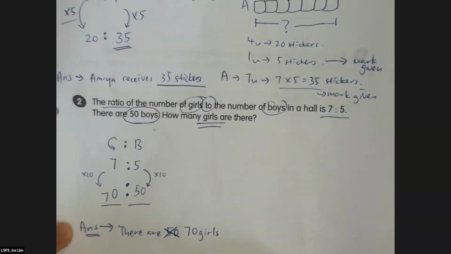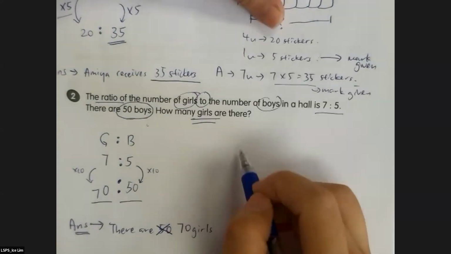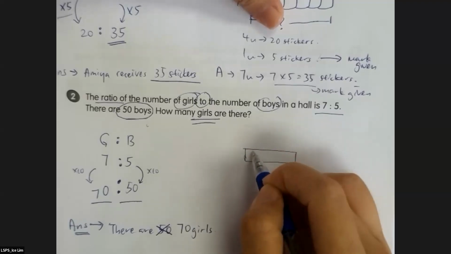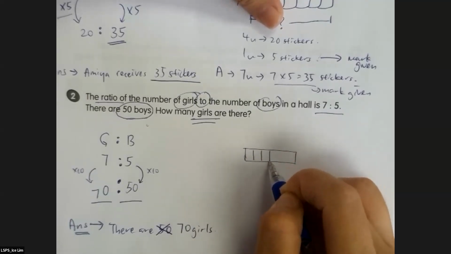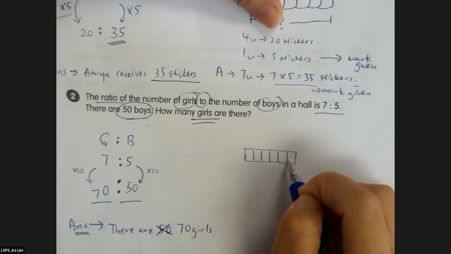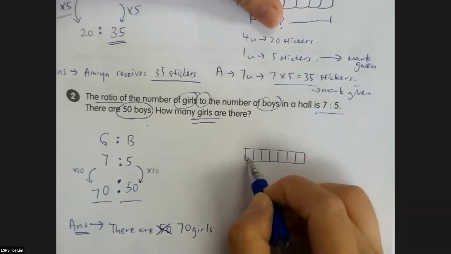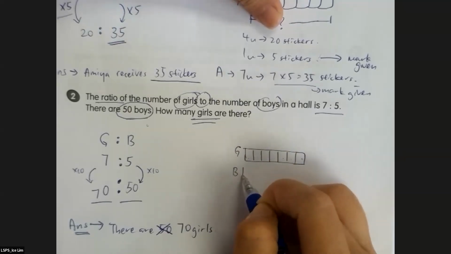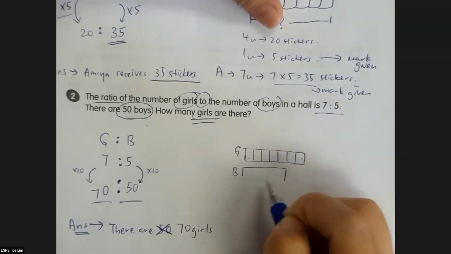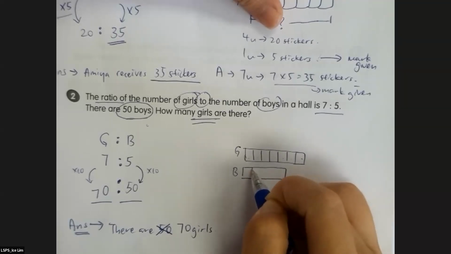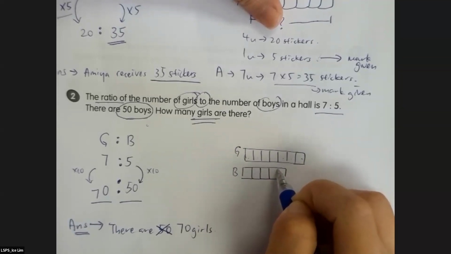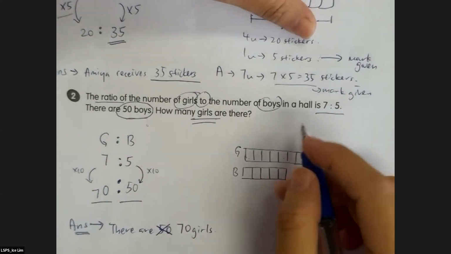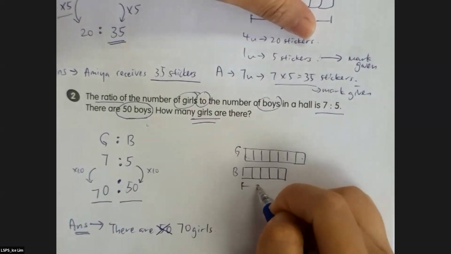So if I use a unitary method, I have 1, 2, 3, 4, 5, 6, 7. 7 girls to 5 boys. So boys is 50.